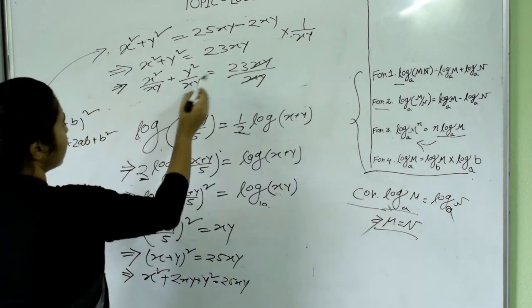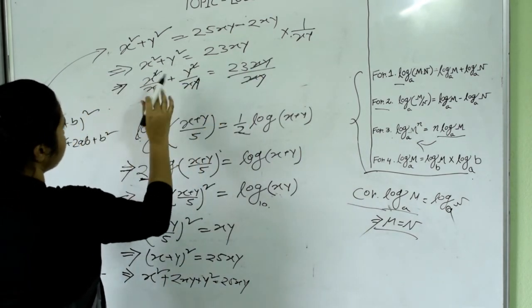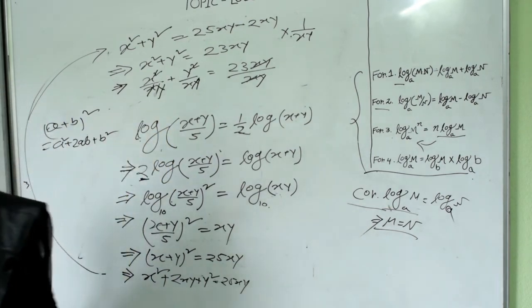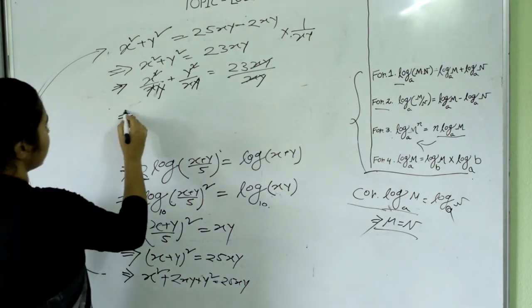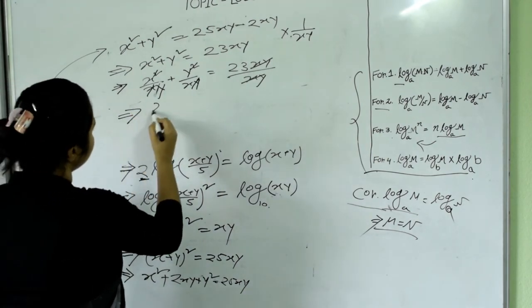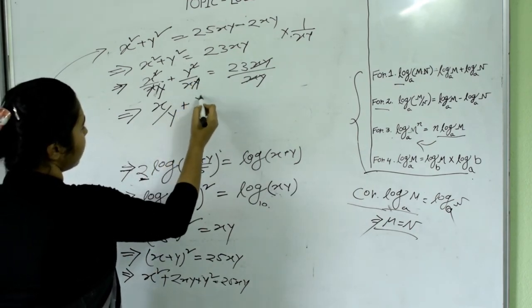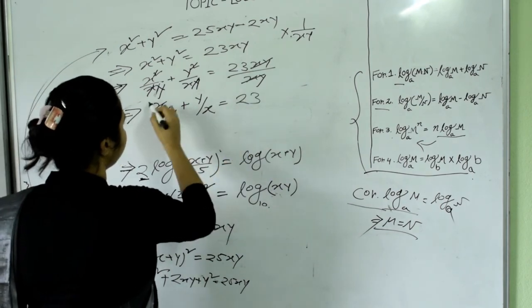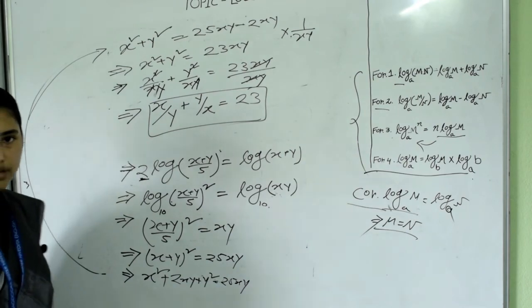Now cancel xy, cancel 1 y and cancel 1 x. So x by y plus y by x is equal to 23. And hence our proof.